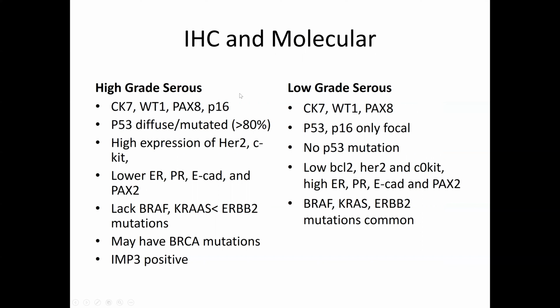And P16 expression will be strong and diffuse in high-grade serous carcinoma, whereas only focally present in low-grade tumors. This corresponds to other levels of mutational differences. High-grade serous carcinomas are more commonly associated with BRCA1 and 2 mutations, whereas that's very uncommon with low-grade serous tumors, where you tend more likely to have BRAF or KRAS, beta-catenin type of mutations present.